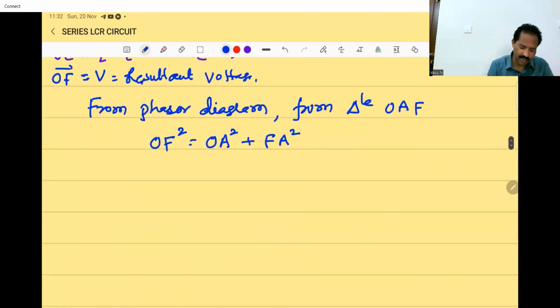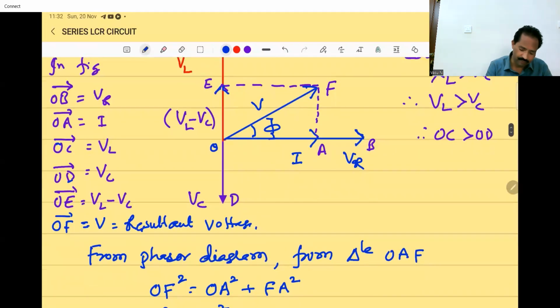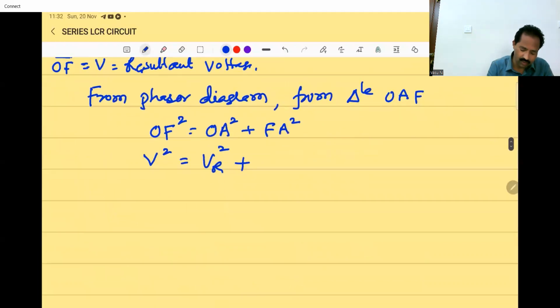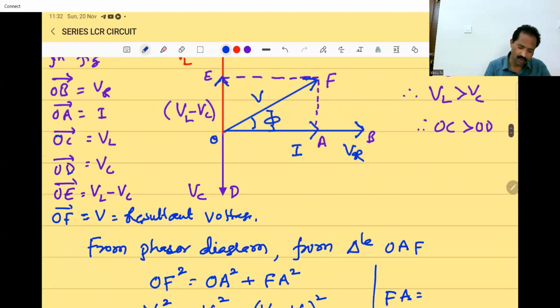So from this I can write, what is OF? V square. What is OA? It is VR square. Plus what is FA? FA is nothing but EO. That is nothing but VL minus VC whole square. Okay, because from the diagram, FA is equal to OE, right?